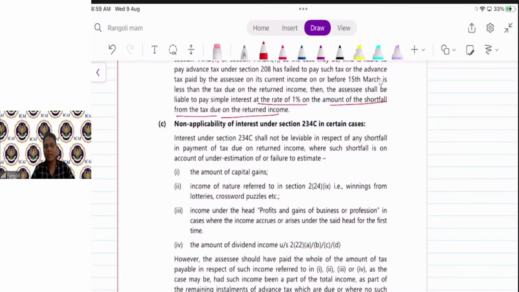That's why while filing the return of income, they have provided the quarterly details of capital gain, other sources income, and dividend income, so that interest is not leviable because the income arose in a later quarter. Clear?